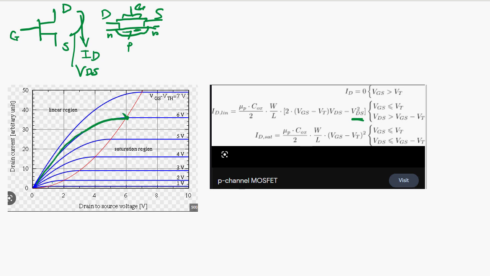Before it's saturated here, this red line is defined by this quadratic equation. This is a square. In the bipolar, this line was exponential. In the MOS, it's going to be a square. When the gate to source voltage exceeds a certain threshold, the square determines this line.